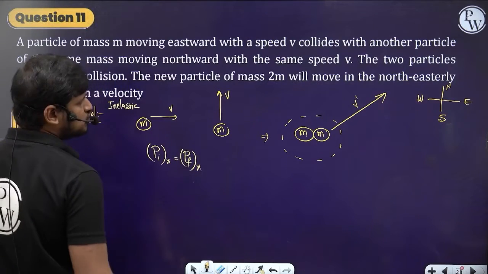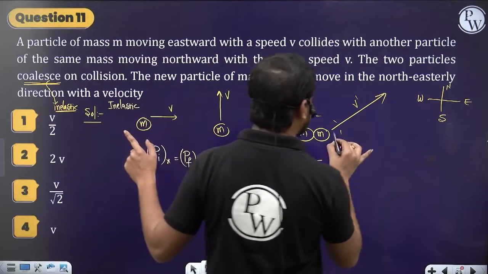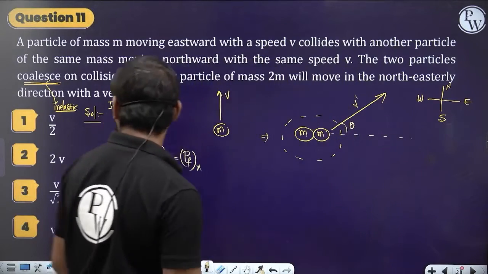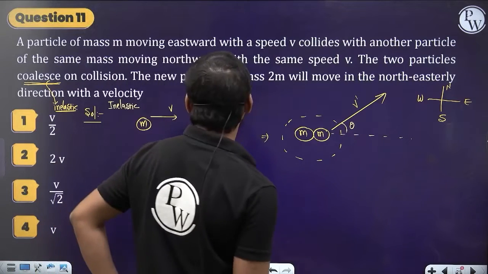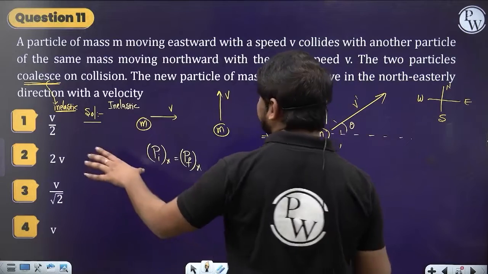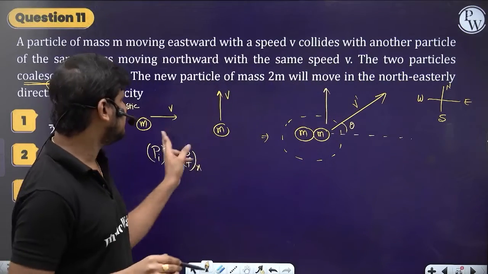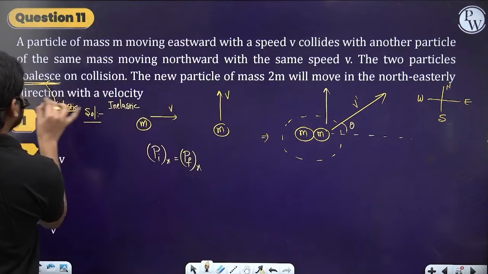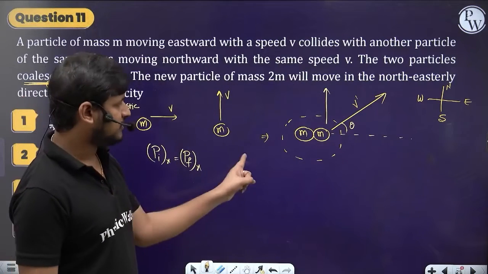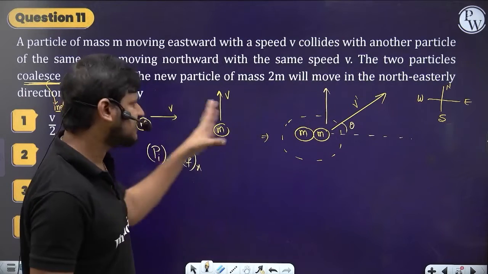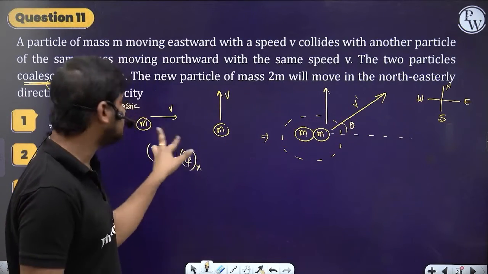Let's suppose it is moving at an angle theta with the original. You can't equate the kinetic energies, guys. Don't say that the initial kinetic energy equals the final kinetic energy, because it is an inelastic collision. First you have to find its velocity, just by using the conservation of linear momentum.